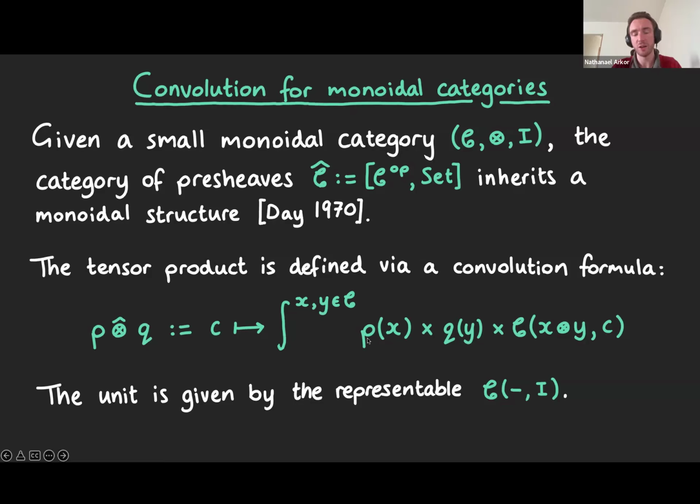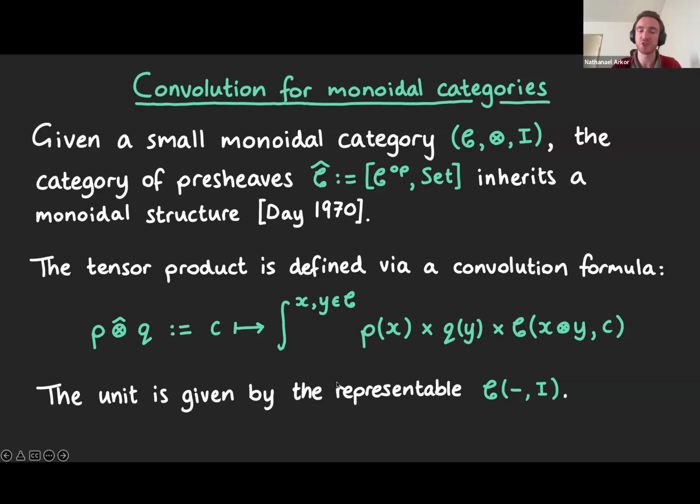And we're multiplying P and Q at each object of the ambient monoidal category C, and then taking a product with the set of morphisms from X tensor Y into C, which is the object on which we're evaluating this tensor product presheaf. So it looks a little bit intimidating, perhaps.